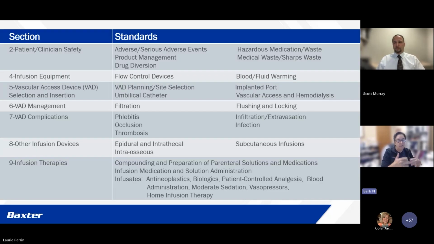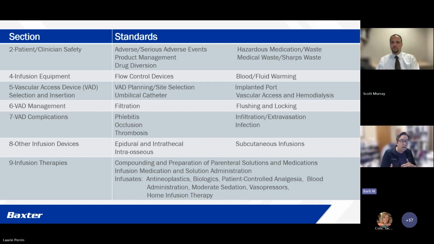So within the document, I've given you a good look at just probably about a third of the content. And on the left, you see the sections. We have 9 sections that represent broad buckets within infusion therapy. And then within those sections are housed the standards themselves. So if you look at the top, section 2 is patient clinician safety.